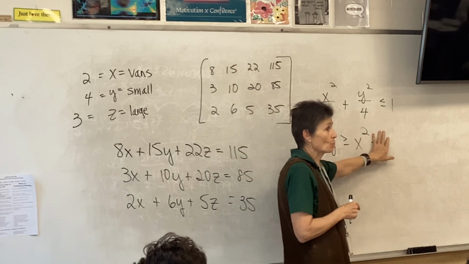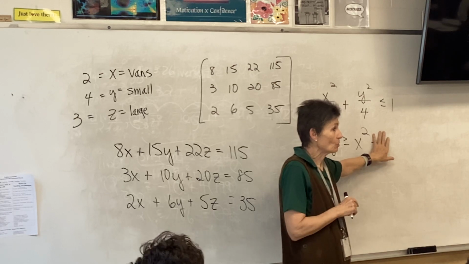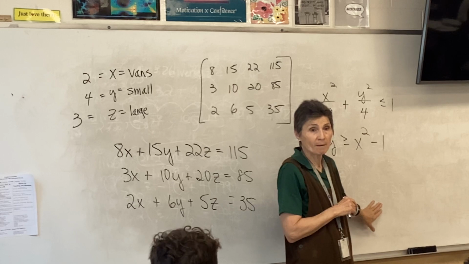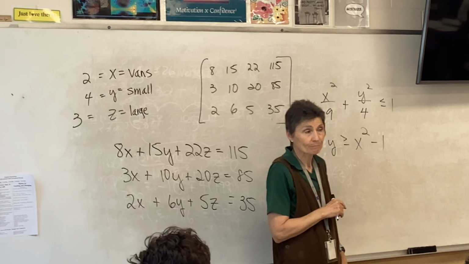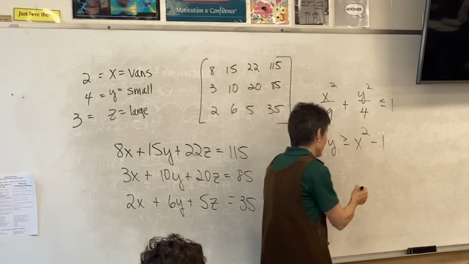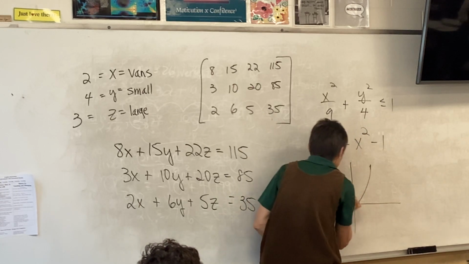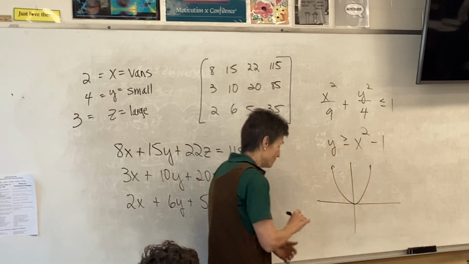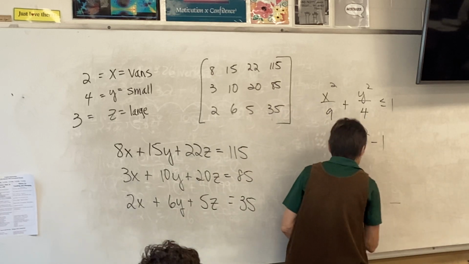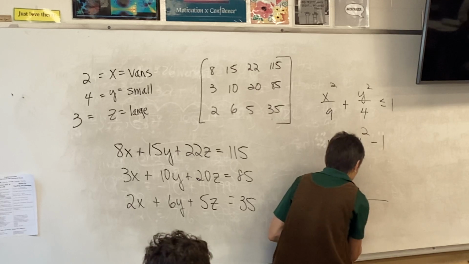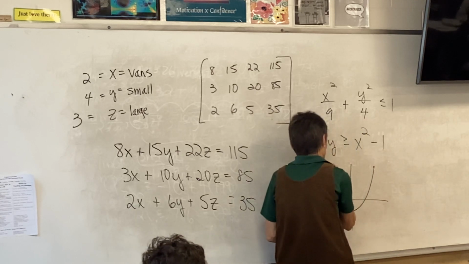Y equals x squared is vertex at the origin. That's one of your BFFs. What happens when you put a -1 on it? It goes down 1. So that should be easy for you. You're just sketching it. There it is. Oh, I didn't take it down 1. It's got to go down 1. So here it is, down 1. Okay?